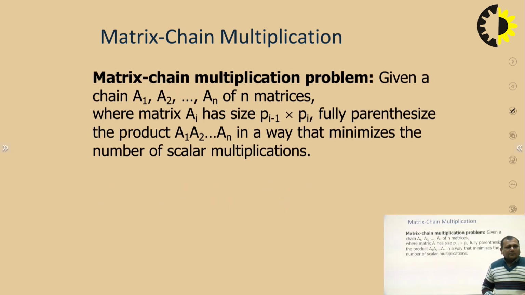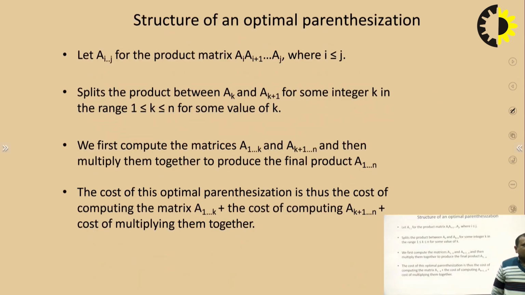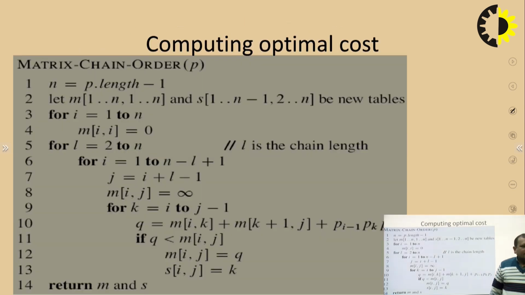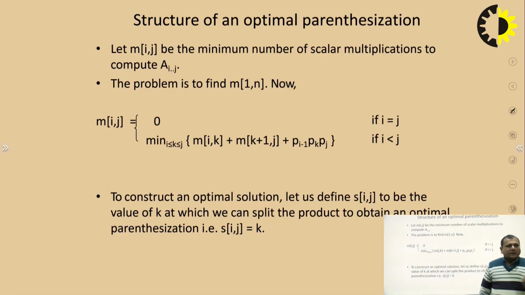So, matrix multiplication problem: given a chain of n matrices A1 to An, where matrix Ai has size Pi minus 1 into Pi. So this is the formula to calculate the values of the scalar multiplications.